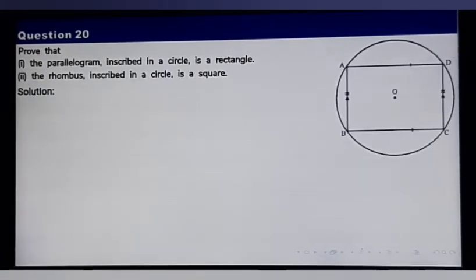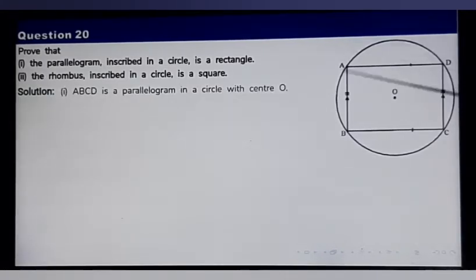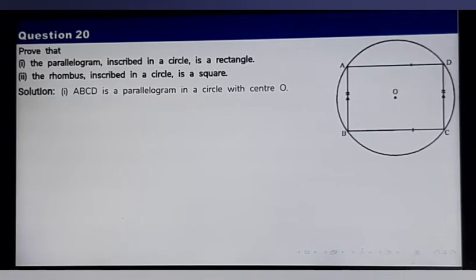All right, so let us see the first case. There is a circle, and I have drawn a parallelogram within the circle. These two sides are parallel and these two are parallel. So we see that ABCD is a parallelogram in a circle with center O. Now can I call ABCD a cyclic parallelogram?